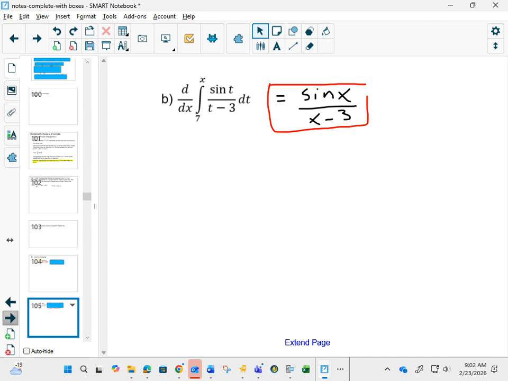So these first two are really straightforward, really easy. Recognize that it's the fundamental theorem of calculus part 1. There's really no math that you're doing. You're just writing an answer down based on what the fundamental theorem of calculus part 1 is saying.